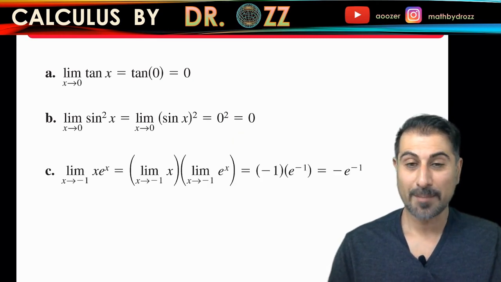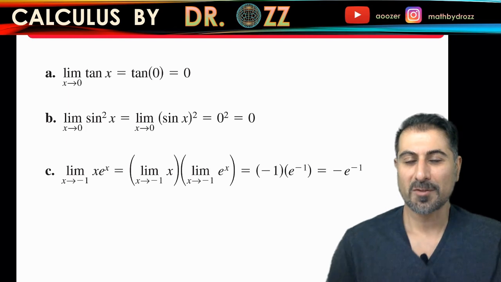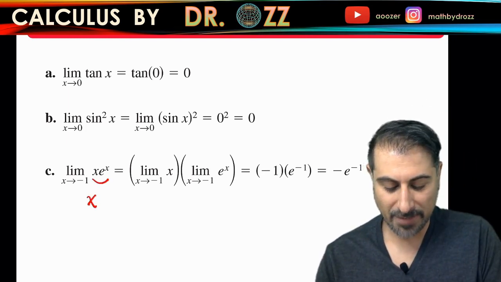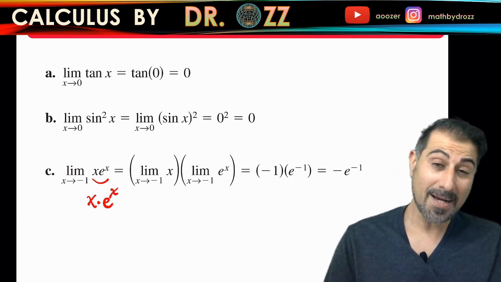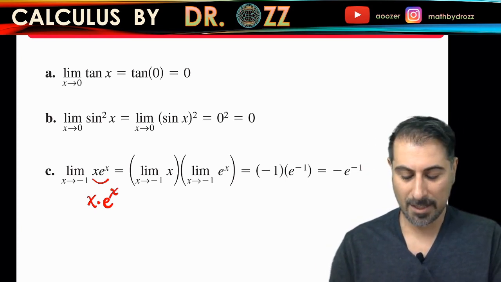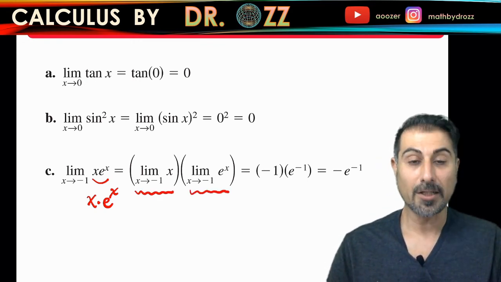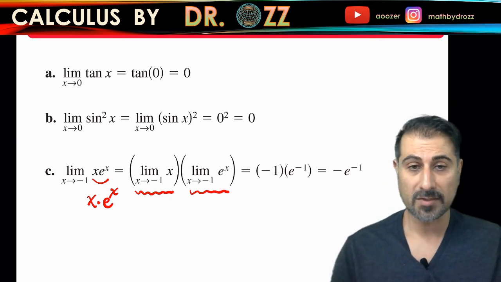Let's look at this example here. So you have x times e to the x as x approaches -1. You can use direct substitution perfectly, but why don't we use one of the limit properties that we learned earlier? So we have the product of x and e to the x. So I can write this as the product of the limits of each one. One is the limit of x, the other one is the limit of e to the x, and x approaches -1 in both cases as well.